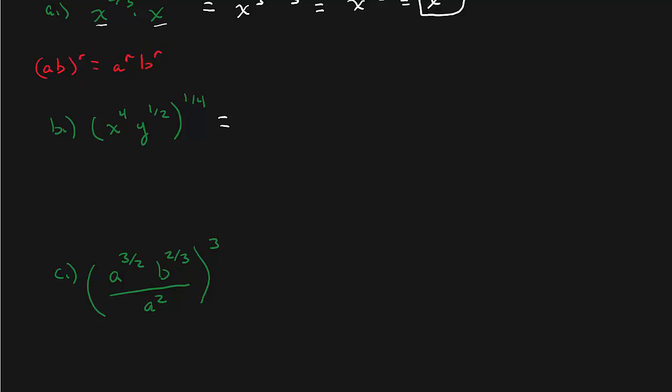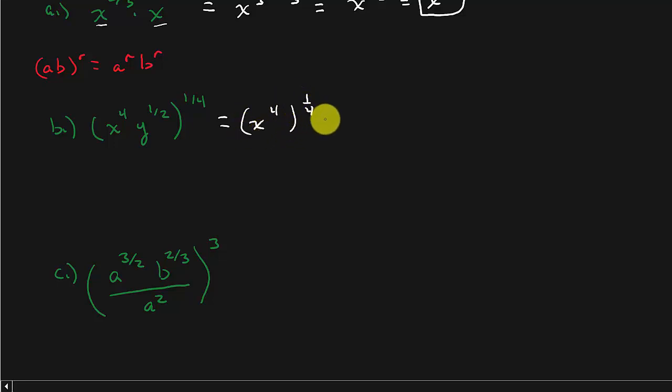We just raise each term to that exponent outside the parentheses. So that's going to be x to the 4th raised to the 1/4 times y to the 1/2 raised to the 1/4.